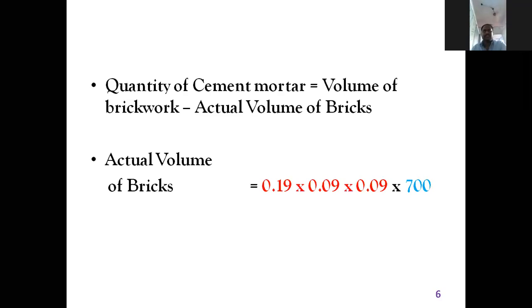The actual volume of bricks is the standard size into the total number we calculated earlier. So 0.19 into 0.09 into 0.09 into 700 numbers is equal to 1.077 meter cube. This is the actual volume of bricks. We subtract it from the volume of brickwork.